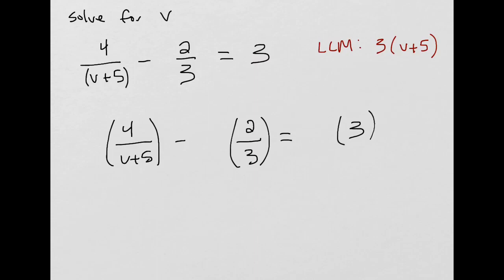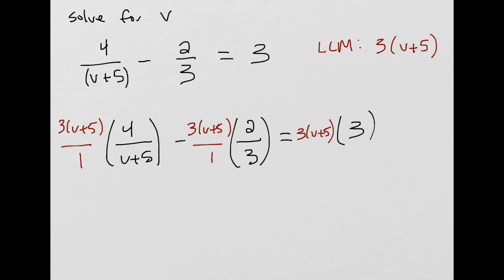And then I'm just going to write 3 times v plus 5 over 1 in front of each term because I'm distributing that through. So I've got 3 times v plus 5 over 1 in front of the first term, 3 times v plus 5 over 1 in front of the second term. And then for the third term, since it's not a fraction, I'm just going to write 3 times v plus 5 in front of it.